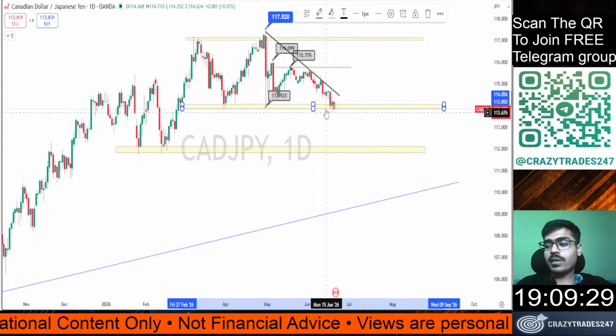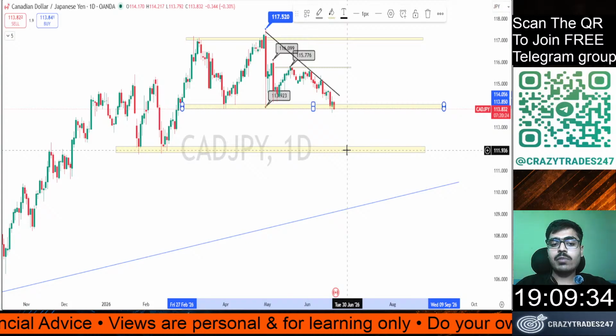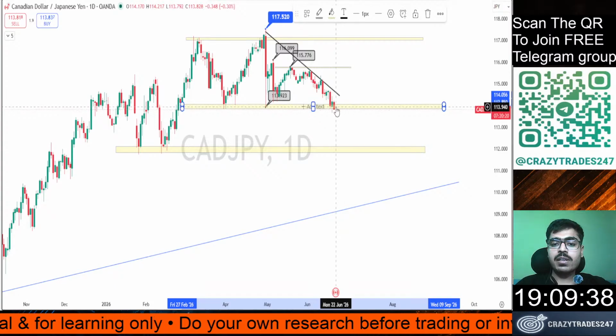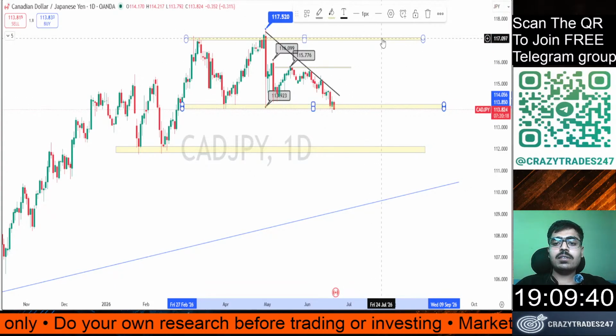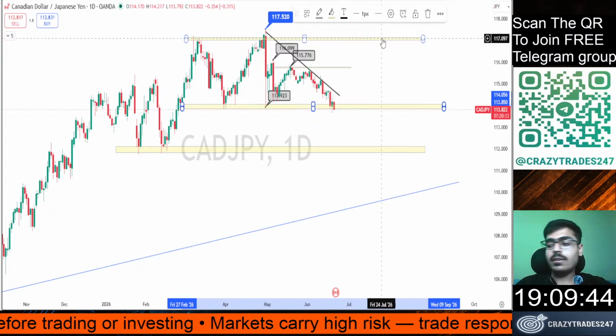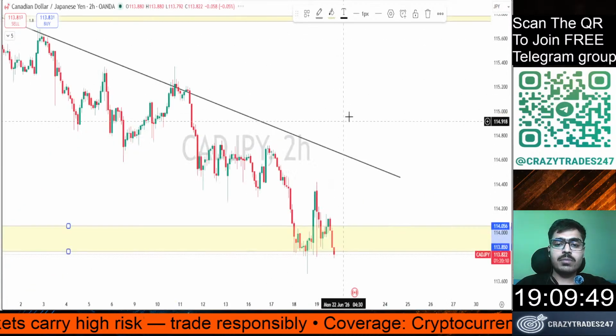Only if price gives a breakout from this level, we would expect our target to be at 112, 111.9 levels. Otherwise, if it gives a bounce back from this very level, then we would be expecting this move to sustain till 117. So we would be acting as and when price forms some structures.